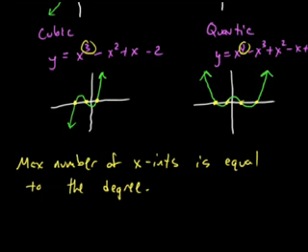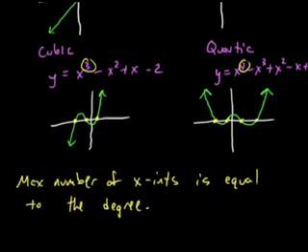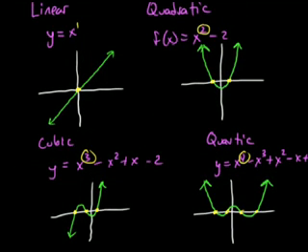Let's see, the next relationship I'd like us to look at is the number of bends that the function has, or I could refer to these as local extrema, or relative max and mins, or relative extrema, I think is actually the way it's usually called. But the number of bends, notice that this linear function, it's a line, there's no maximum point.